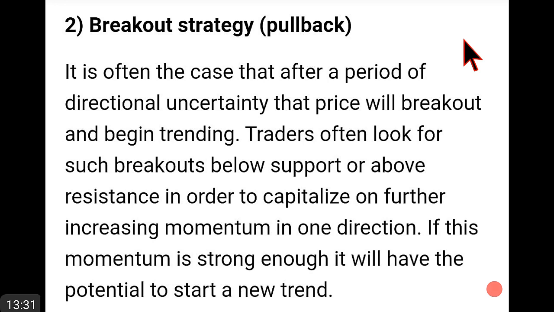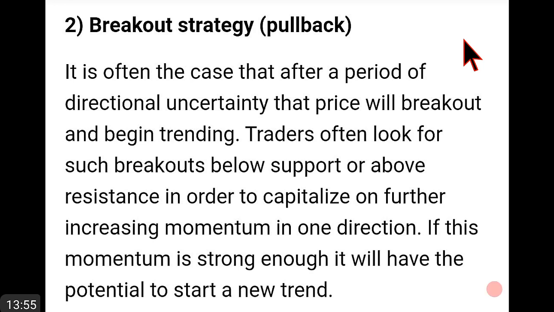All right, so the second type of strategy that you get from support and resistance is the breakout strategy. You've seen the range market, and you realize that during the range market, there was a time price was about to break the support. That is a breakout strategy, and you can see that it was pulled back.